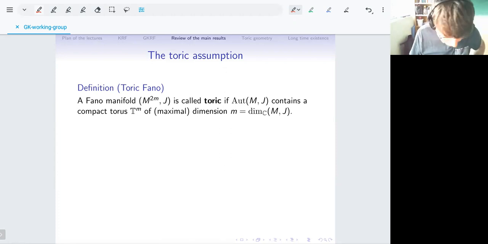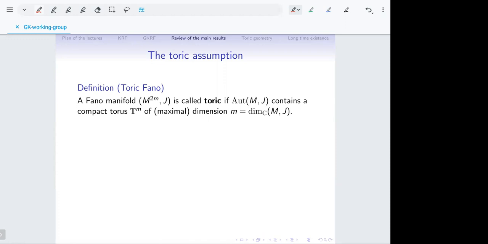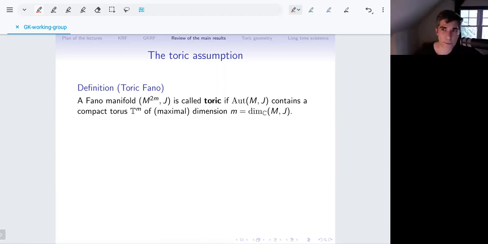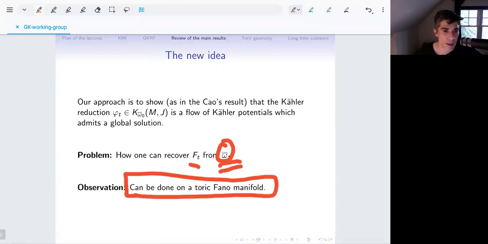Could I just ask about the last thing you said? Could you go back? Sorry, do I understand it right that what you're describing is: you have this F sub t, it gives you a volume form, and then you use Yau's theorem to get a unique Kähler metric which represents that volume form.